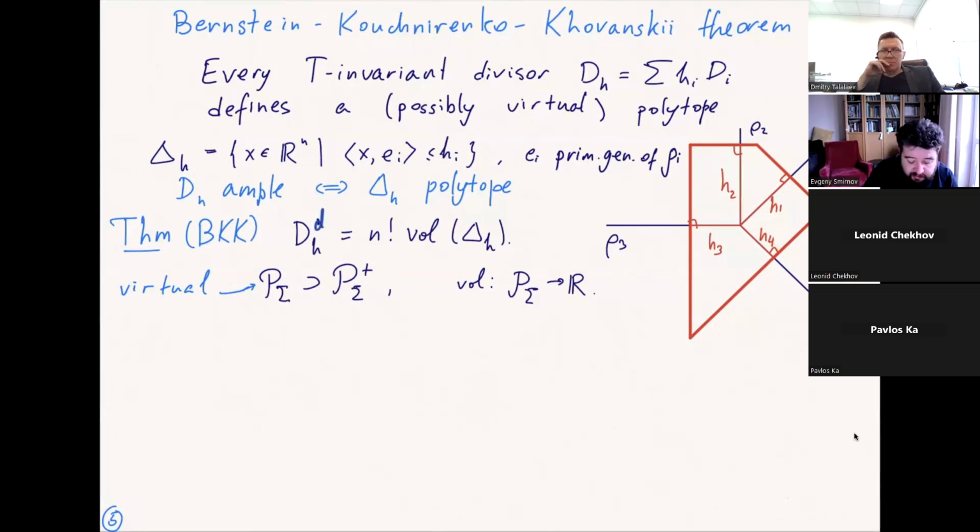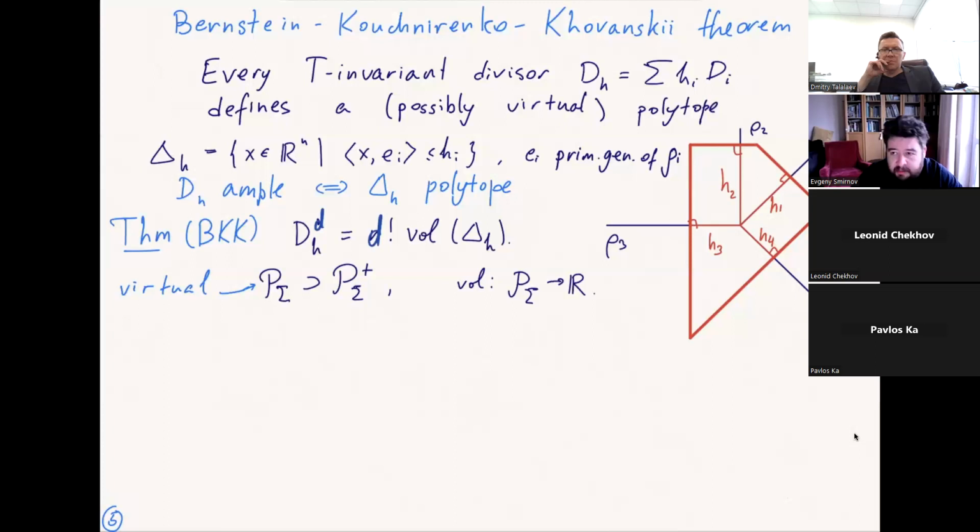So this self-intersection number is also d factorial times the volume of my polytope, if it is a polytope. And if not, I don't have a polytope, but still I have some construction giving me a number, a volume of something I call a virtual polytope.